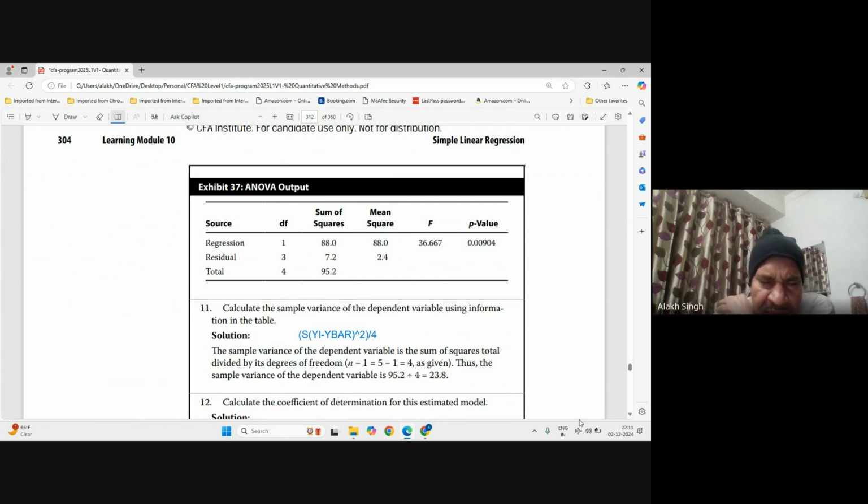Okay, coefficient of determination you can easily calculate, meaning R square. What will be R square? R square is 88 by 95.2. Very good.